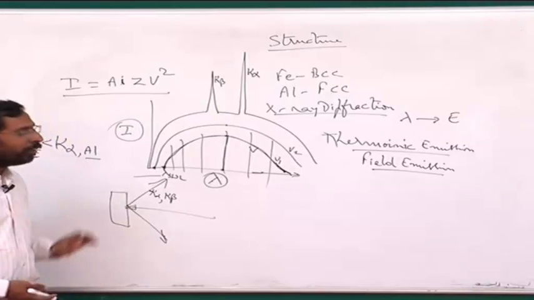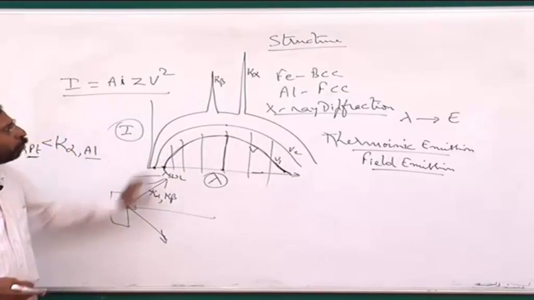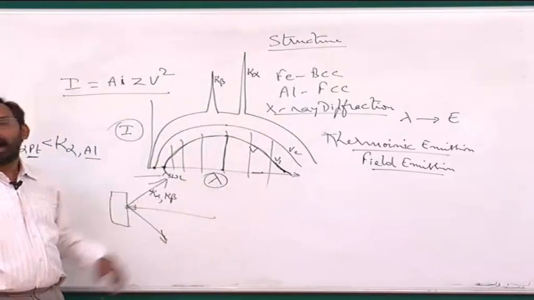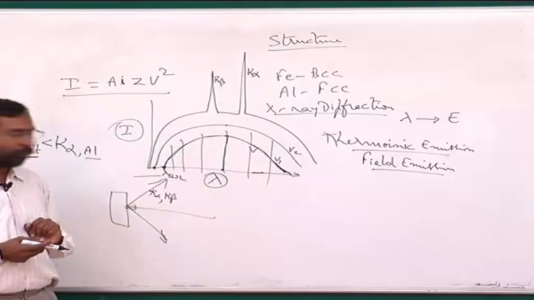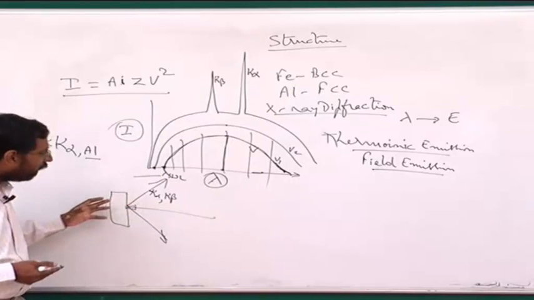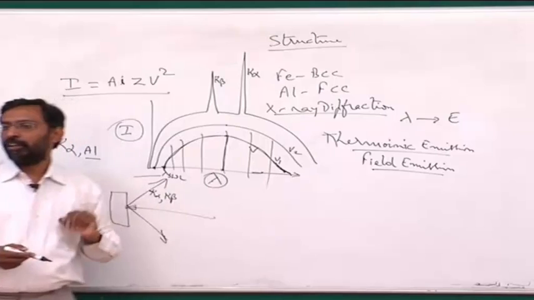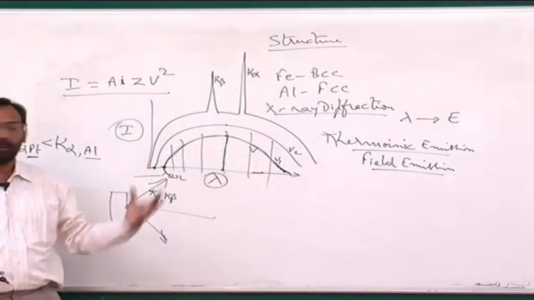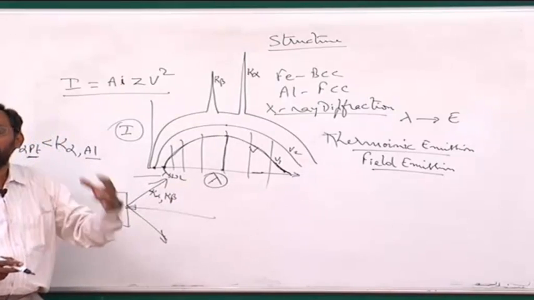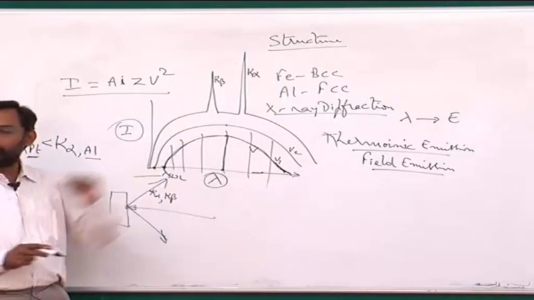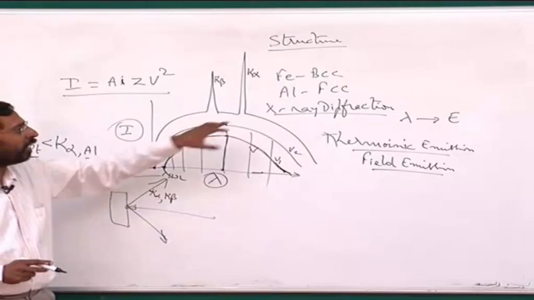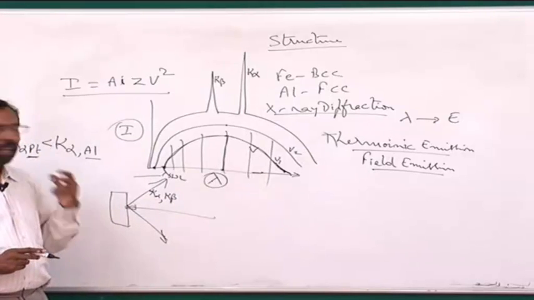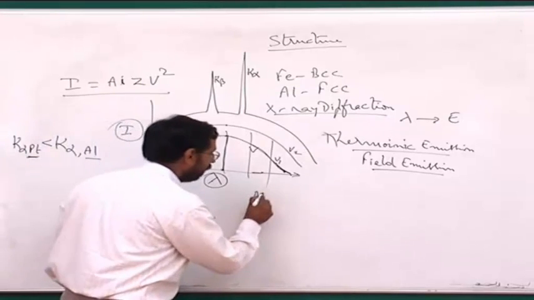The reason is, if I am going to use these X-rays to find out the crystal structure of an element such as aluminum, or an alloy such as steel, I am sending a range of wavelengths into my sample. When I am sending a range of wavelengths, finding out the crystal structure is a little more difficult. You will know why as you go along, when we start understanding the diffraction principles. So what people do is, is it possible to generate what is called monochromatic radiation?